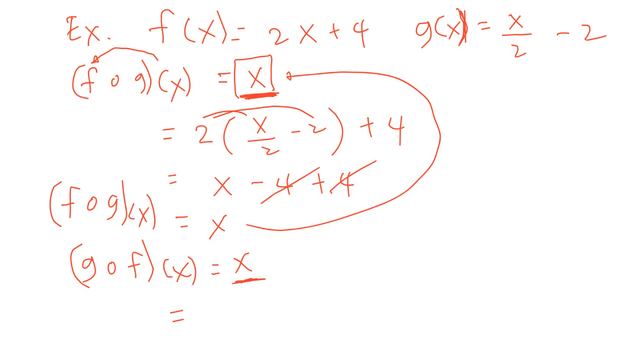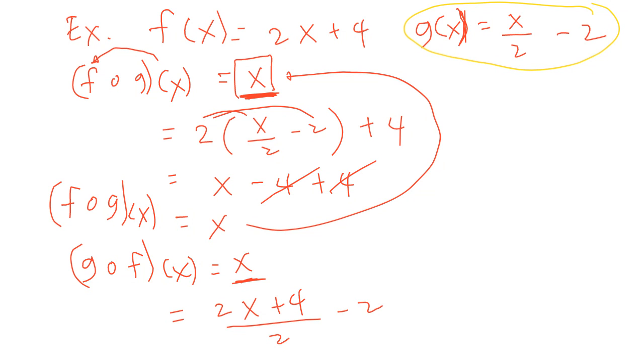So we look at g of x here, and we plug in our f of x, that's 2x plus 4, over 2, and that's minus 2.